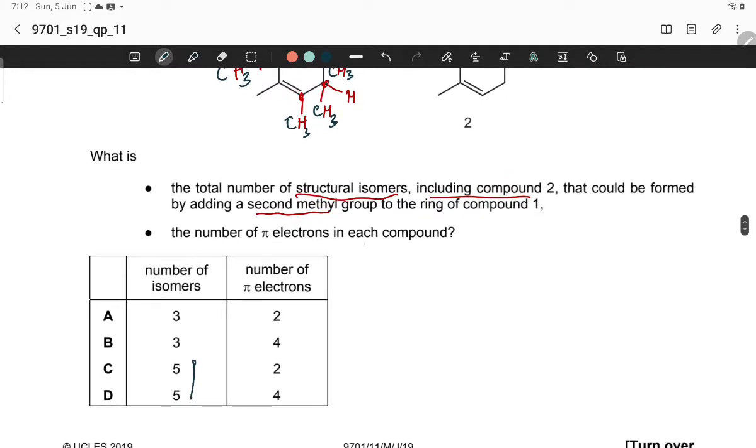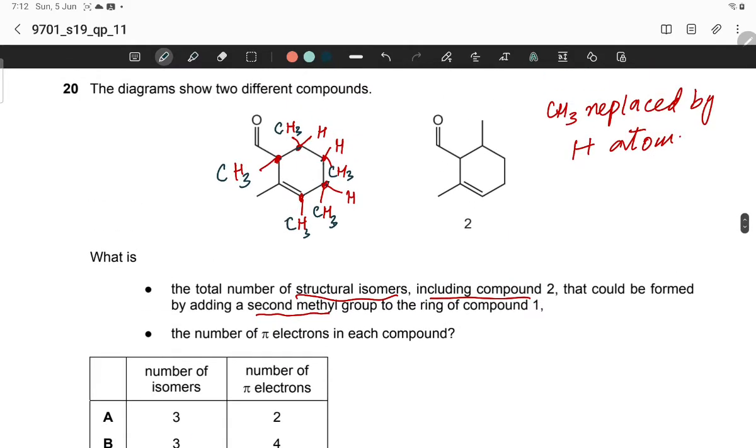And how many? The number of pi electrons in each compound. As we know that there are 2 double bonds present in this ring structure, and one bond of each double bond is sigma, and the second is pi. Over here similar, one is sigma and other is pi.